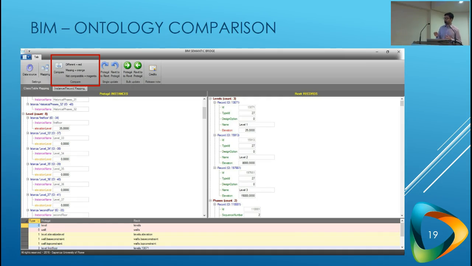If it is missing, it's red. If the value is not coherent, you have the red names. In orange you have the missing data, and you also have blue data that represents all the entities that cannot be mapped.